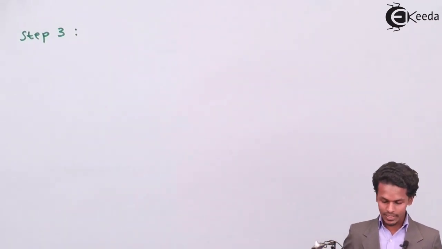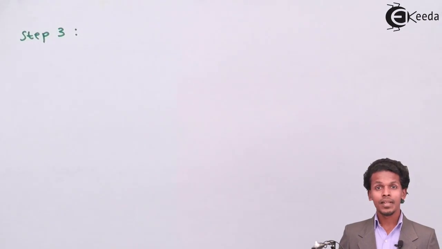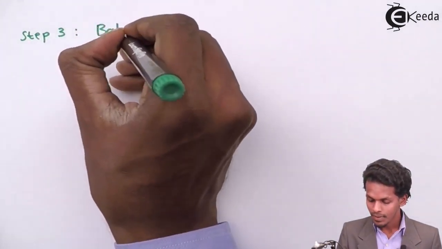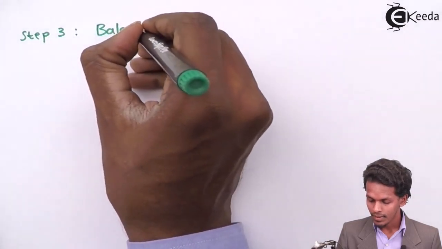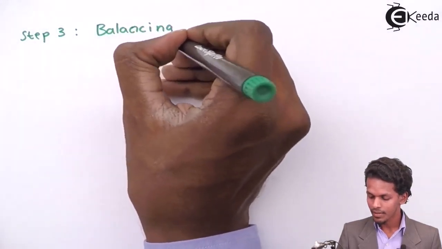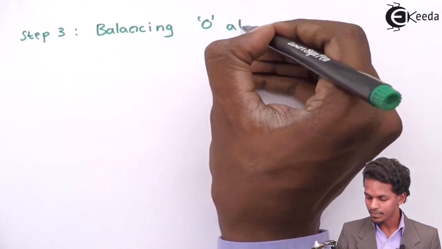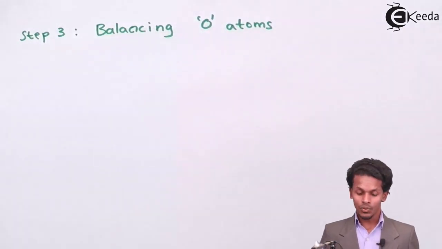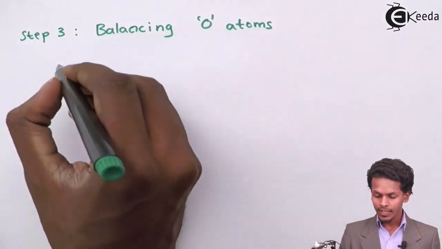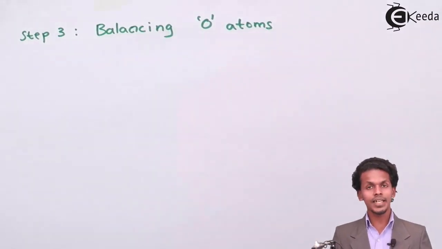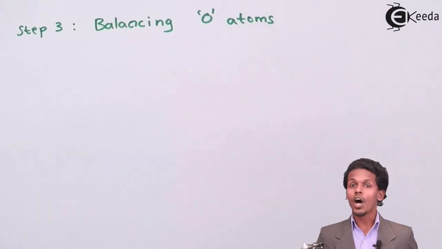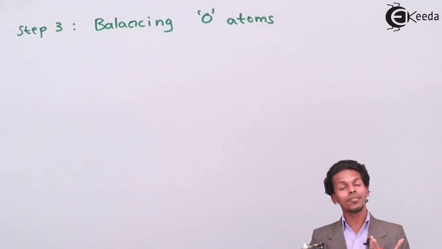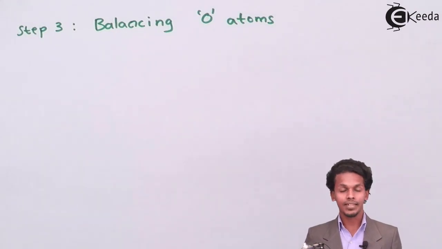I will name this step number 3 as balancing oxygen atoms. So as we can see the latest equation, now let us see how many oxygen atoms are present on the reactant side and how many are present on the right hand side.